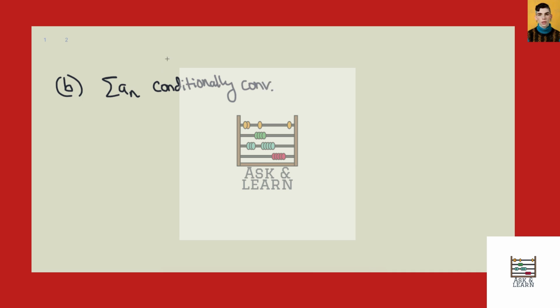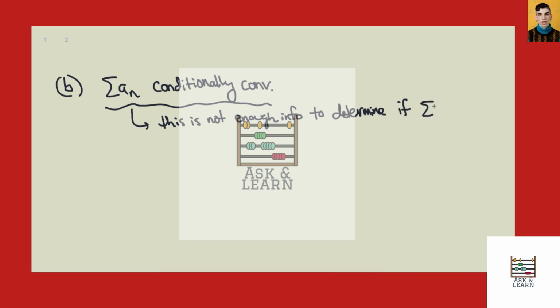And now we want to show that this is not enough information to determine if the series nAN converges. So we'll show this by giving an example, one in which it converges and then one in which it diverges.